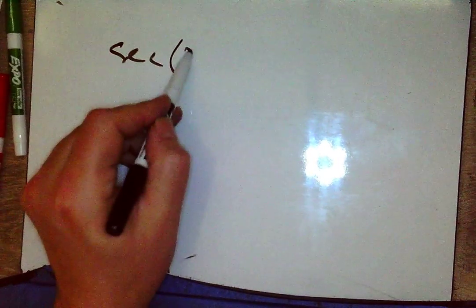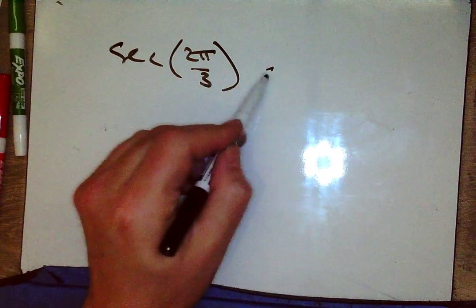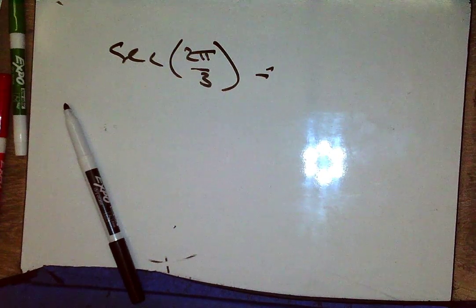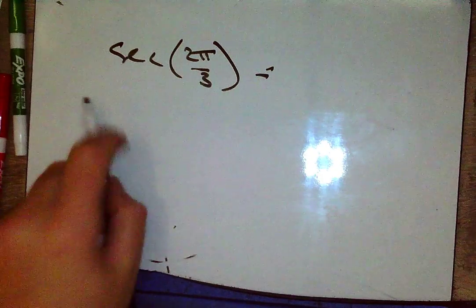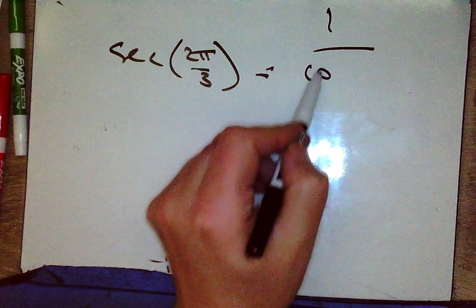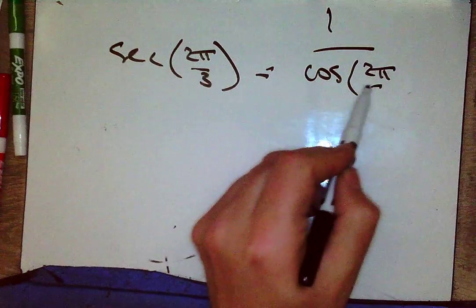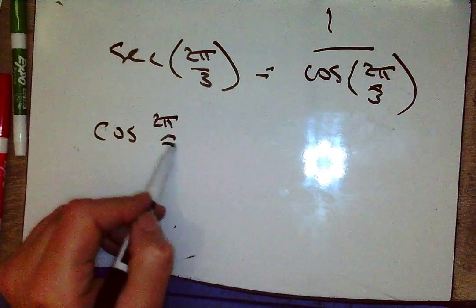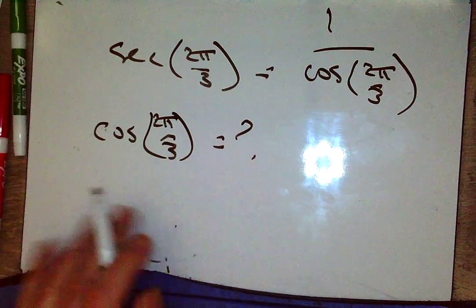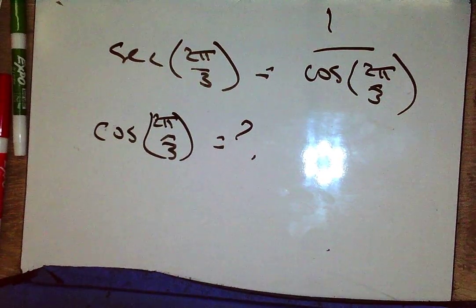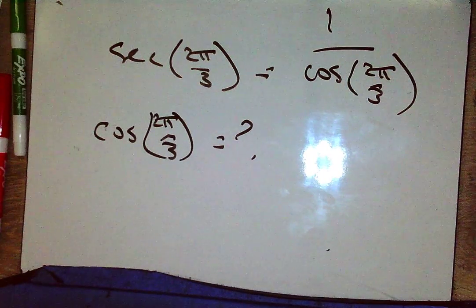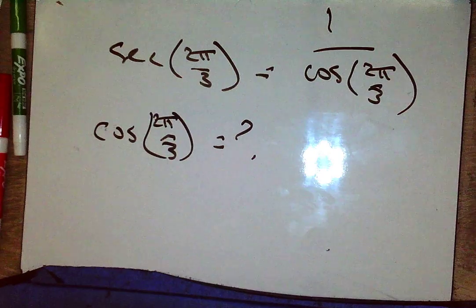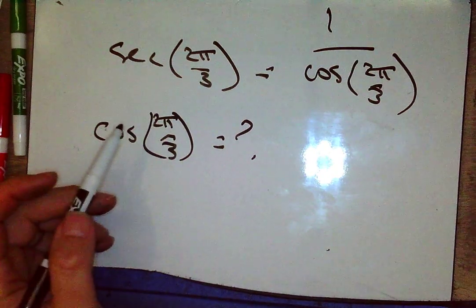How about this one? Secant 2 pi over 3. What is secant the reciprocal of? Secant is the reciprocal of cosine. So I want 1 over the cosine of 2 pi over 3. Cosine of 2 pi over 3? 5, 4, 3, 2, 1.